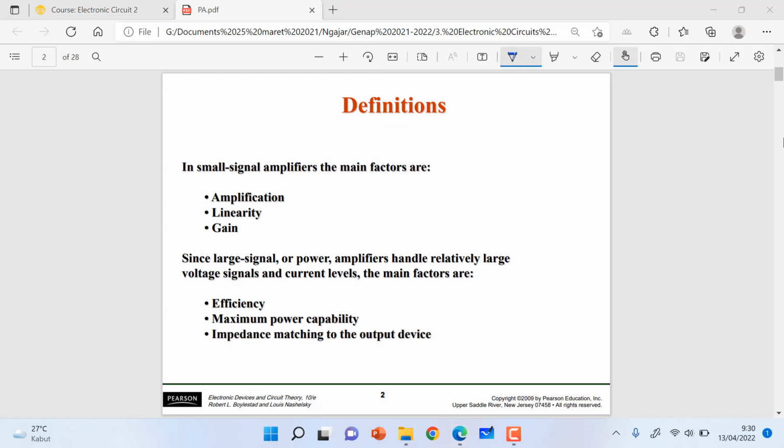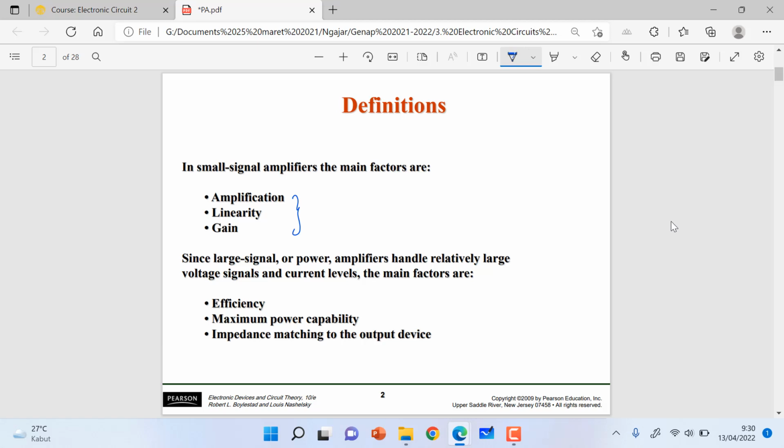Okay, so we have three factors. If we want to design the amplifier, we have to look at how large the amplification is, what the linearity is, and what the gain is.